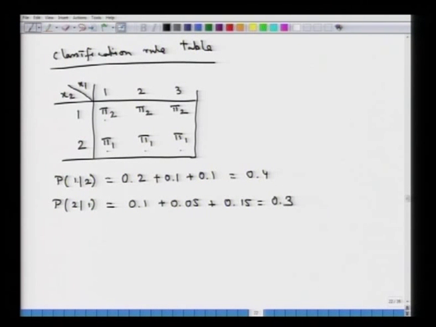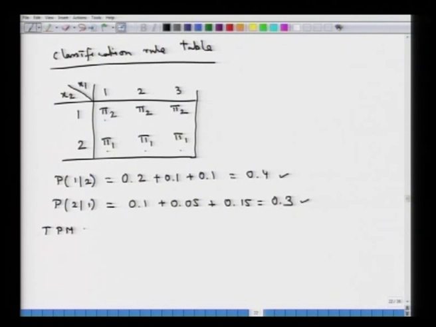Now, given that we have obtained for this rule that P12 is this and P21 is this, the total probability of misclassification, remember, is the minimum possible that one is hoping for, because we have obtained the classification rule which was actually minimizing the total probability of misclassification.